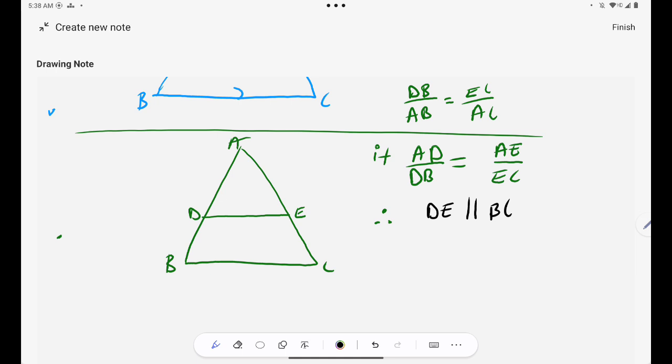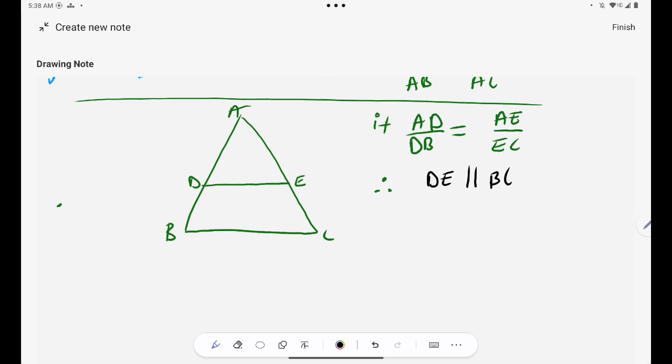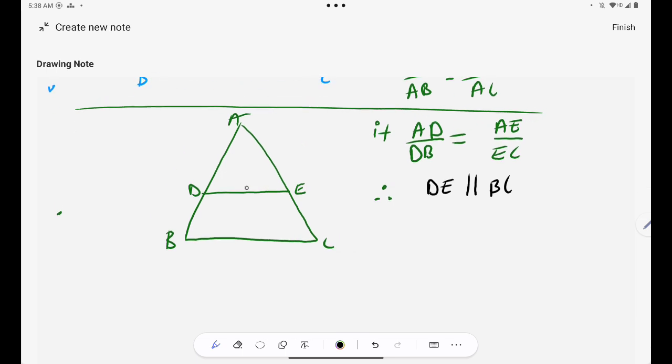You will get this kind of questions whereby you are asked to show that a line is parallel to the other line. Right? Your duty is to just show that this divided by this is equal to this divided by this. If that's true, then you can conclude that these two lines are parallel to one another.